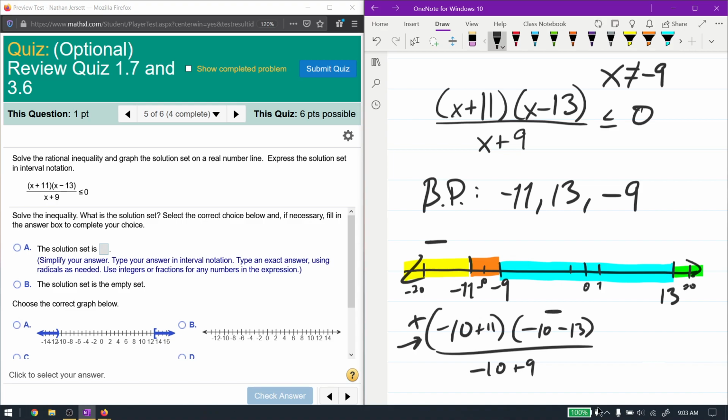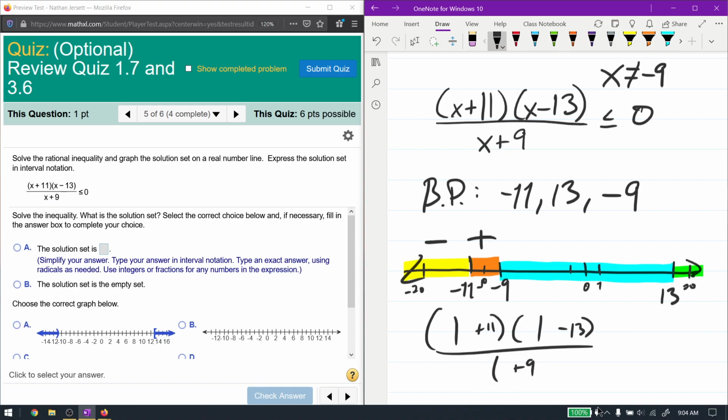Then we have a negative, and we have a negative. Positive times negative over negative. 2 negatives cancel, giving me a positive for that one. Again, you can just plug in the numbers and calculate the actual number. The number doesn't matter though. What we want is the sign. That's going to tell us if the interval is what we want or not.